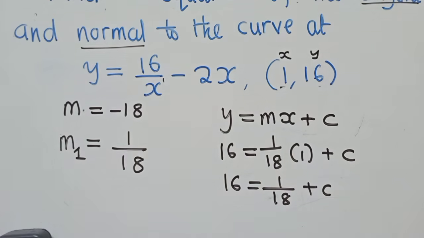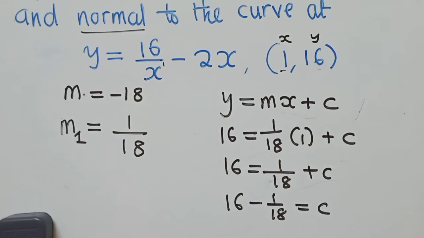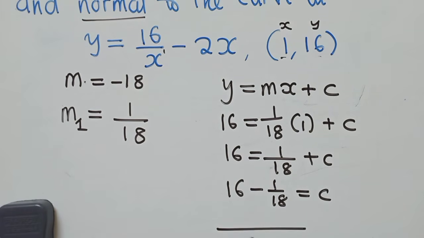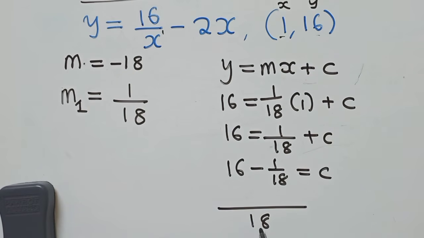You group the like terms. The lowest common denominator there is 18. Here 1 into 18 is 18. 18 times 16, so what is 18 times 16? We're getting 288.